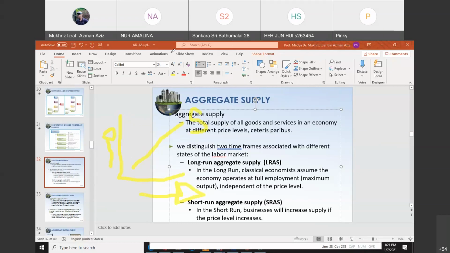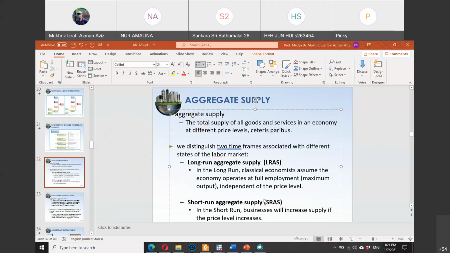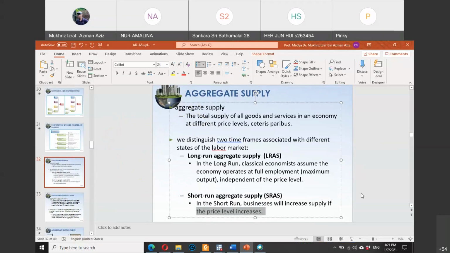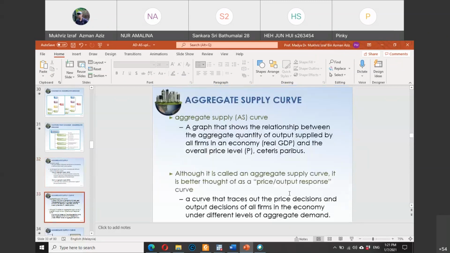The same goes for the aggregate supply curve for the country. Business will increase supply if the price level increases. This is basic knowledge for producers: higher prices mean higher profit, so they will increase output when the price also increases.